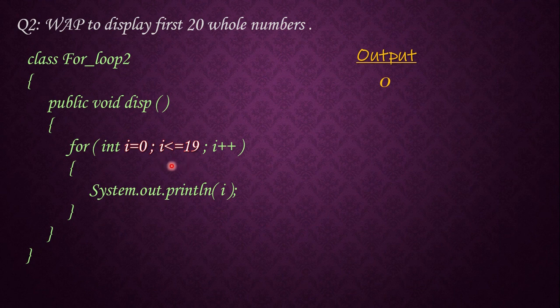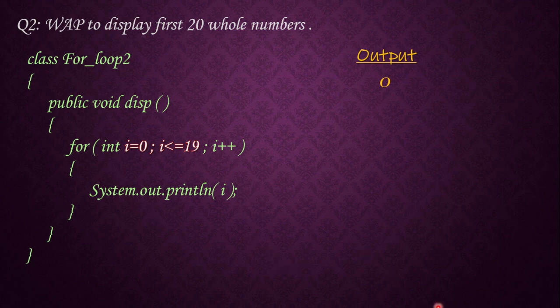Then again the condition will be re-evaluated. So whether my new value of i is less than or equal to 19, the new value of i is 1. So 1 is less than or equal to 19, it is true. So again the printing statement will be executed.